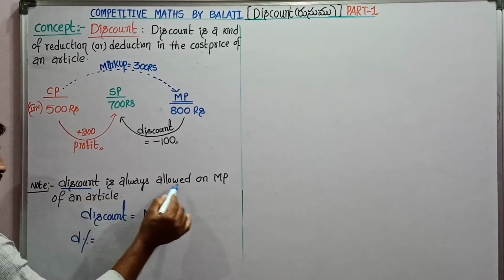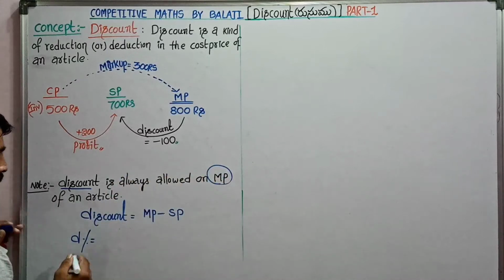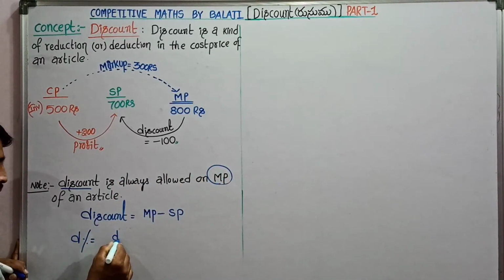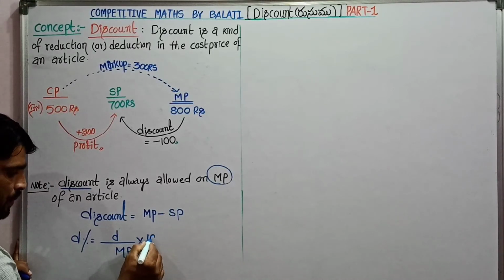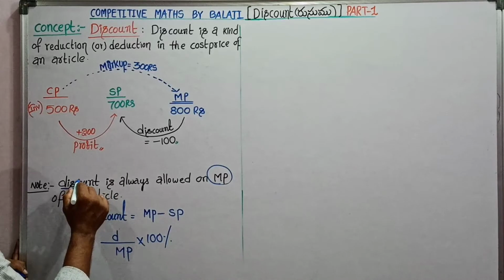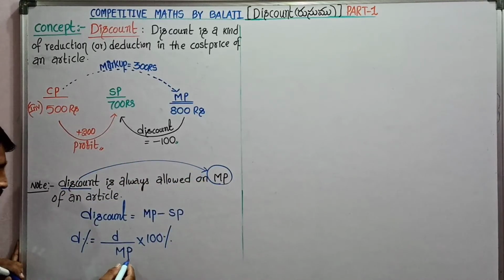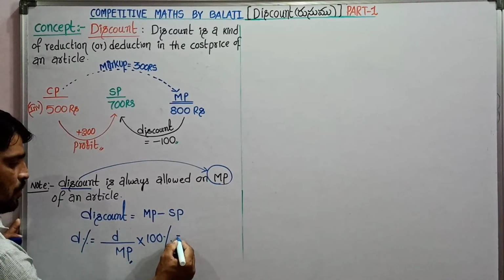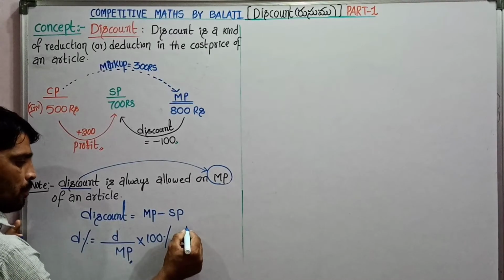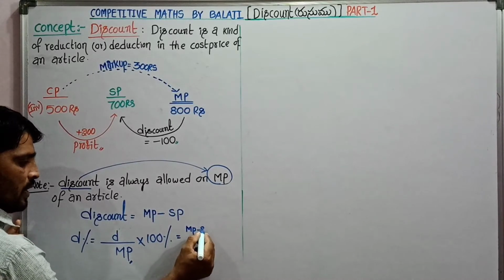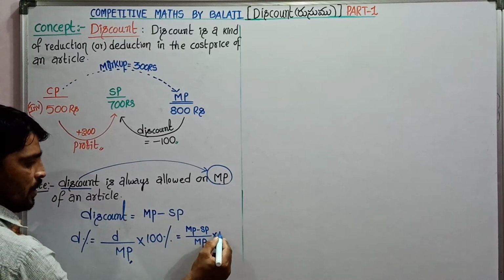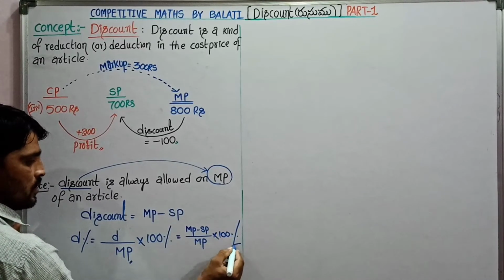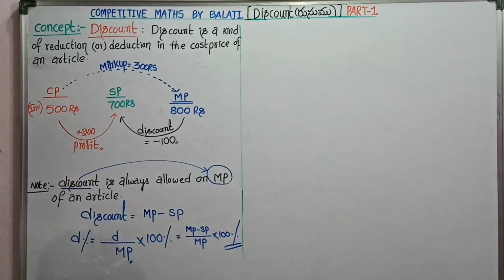Since discount is always allowed on market price, discount percent is equal to discount over market price into 100%. The denominator, the base, must be market price, so discount percent equals market price minus selling price over market price into 100%. This is the derivation of the formula.